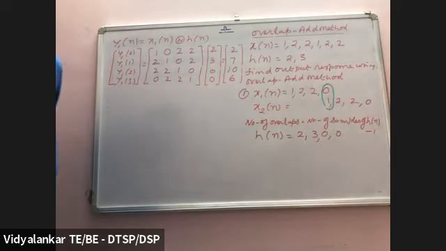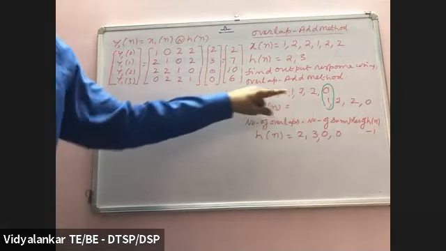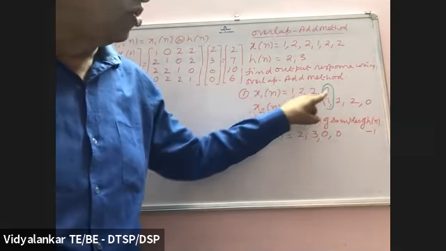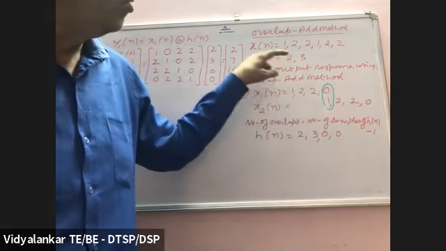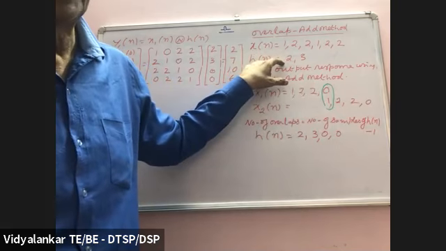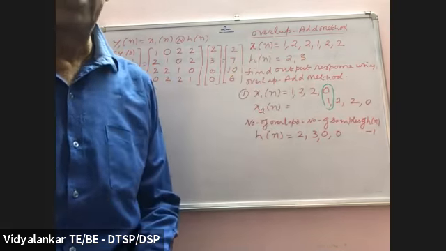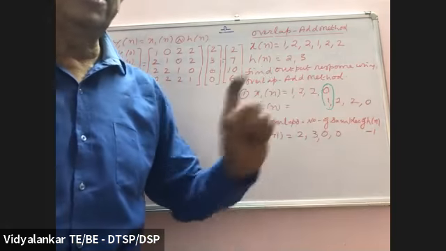Sir, can you just tell about that h of n 2 3 0 0? Because now x1n we have 4 values, x2n we have 4 values. Now with x1n and x2n we have to apply circular convolution with h of n. The principle of circular convolution is that x and h should have the same number of samples.